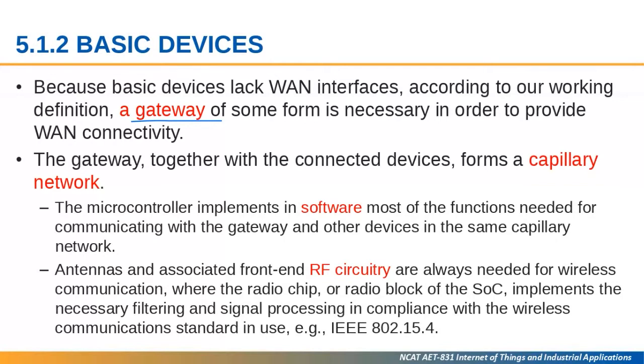The microprocessor will run software on it, and antennas and associated circuitry are needed for wireless communication, following a standard. That's one of the standards you need to know after this class. Basically, it is the wireless personal area network. We'll talk about it in more detail in the next video.